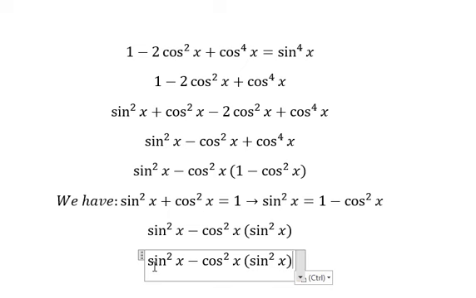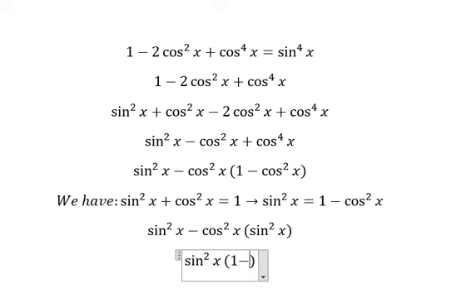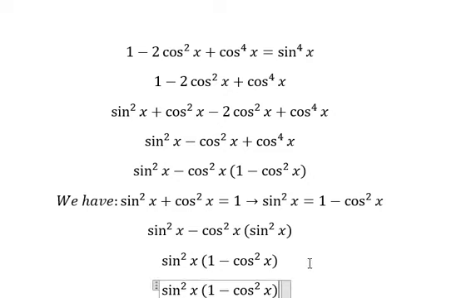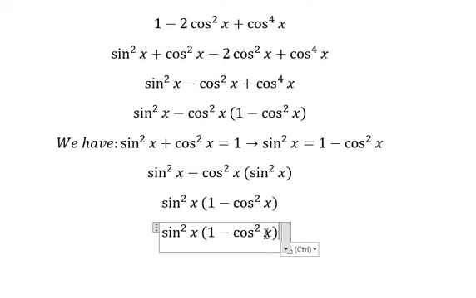Sin s squared, we can do factorization. And we know that 1 minus cosine s squared is this one. We simplify and we have sin s to the power of 4.